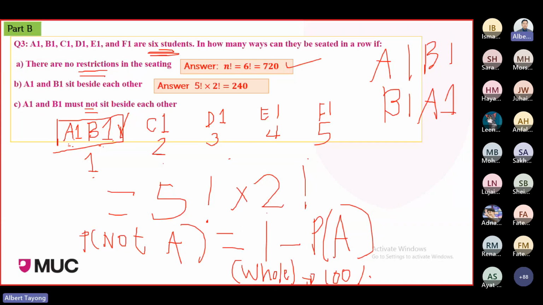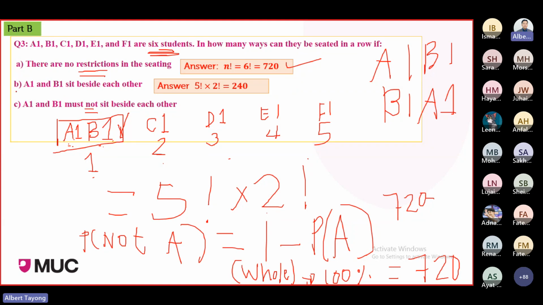So that means this is without restriction, 720. Total number of ways they can be rearranged without any conditions. So that's the one here, the total possibilities, minus the opposite. So it will be 720 minus, what's the opposite of A1 and B1 must not sit beside each other?